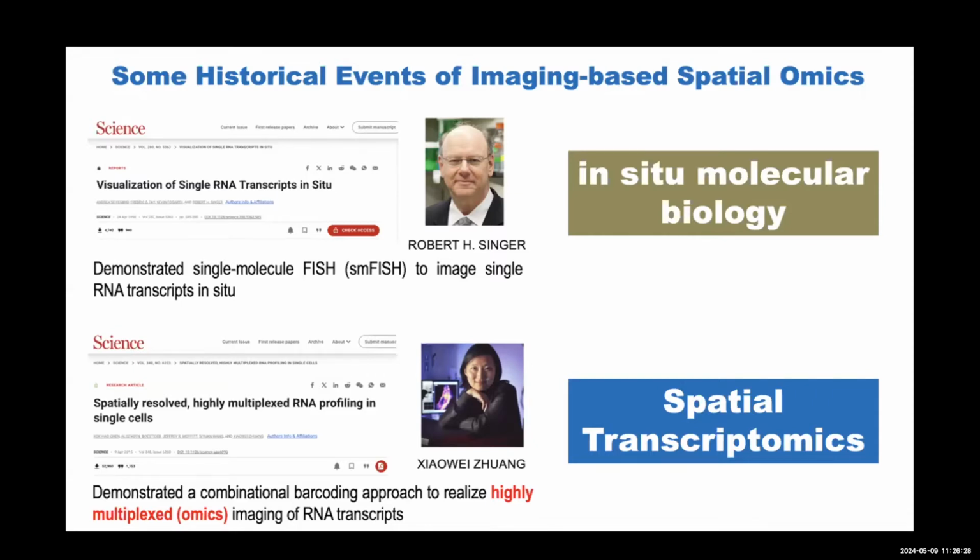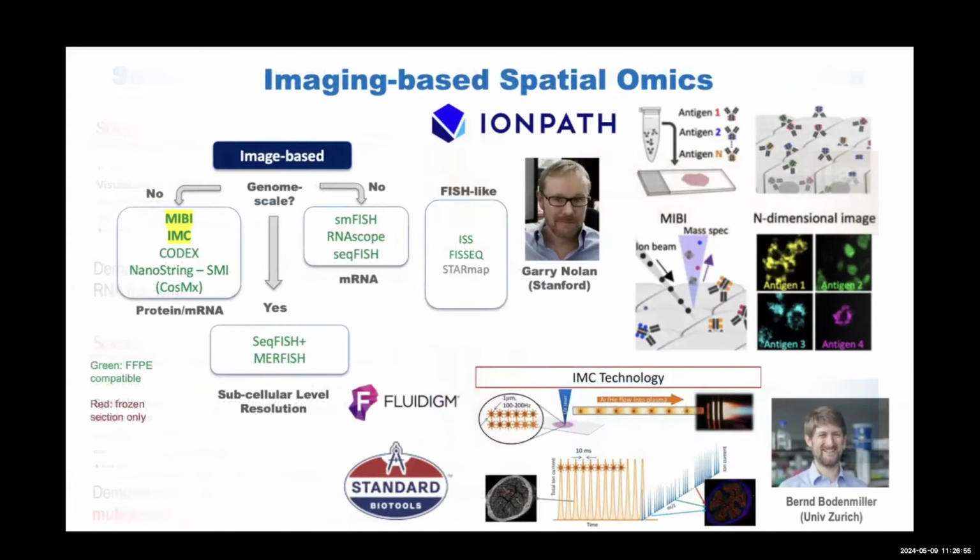That combinatorial encoding mechanism allows you to get the total number of genes imaged up to the entire transcriptome. So this is not just a linear evolution of the technology; what happened during the past 10 years is a major leap driven by a completely new concept that led to omics-level imaging of gene expression.